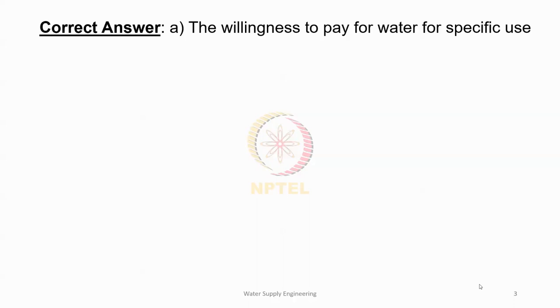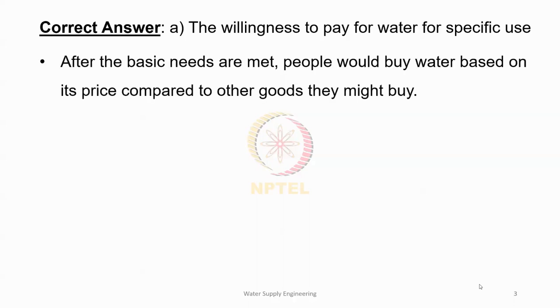Okay. So the correct answer is option A, the willingness to pay for water for specific use. After the basic needs are met, people would then buy water based on its price compared to other goods they might buy. Initially, when it is required for survival, people may buy for any price.